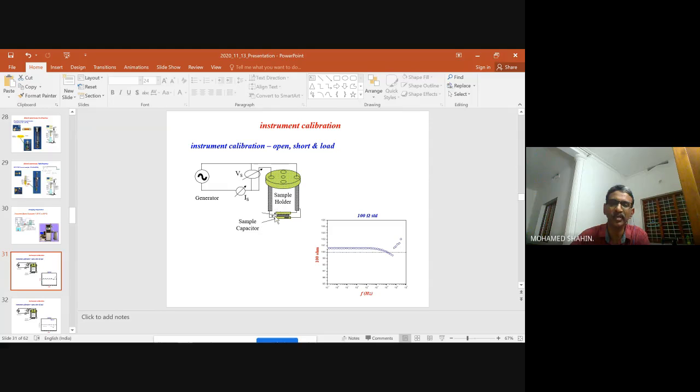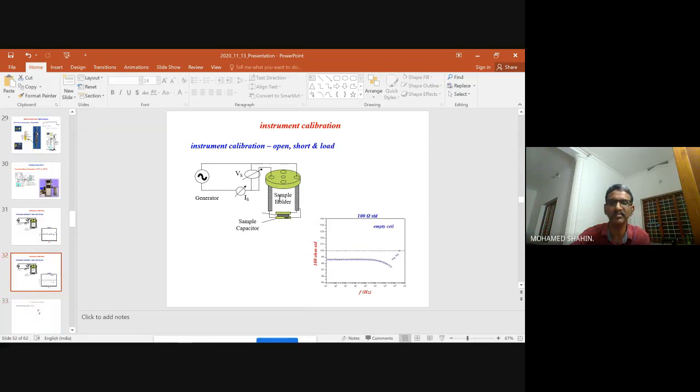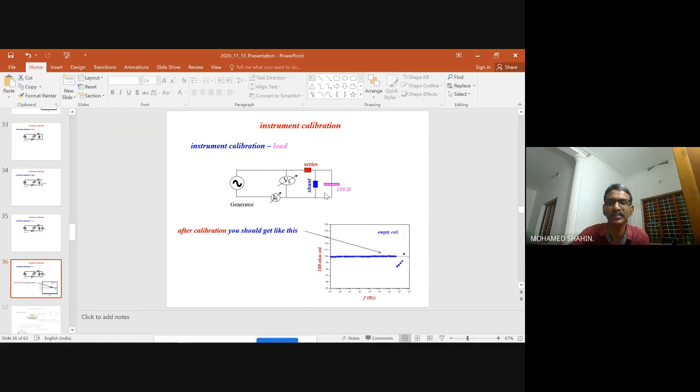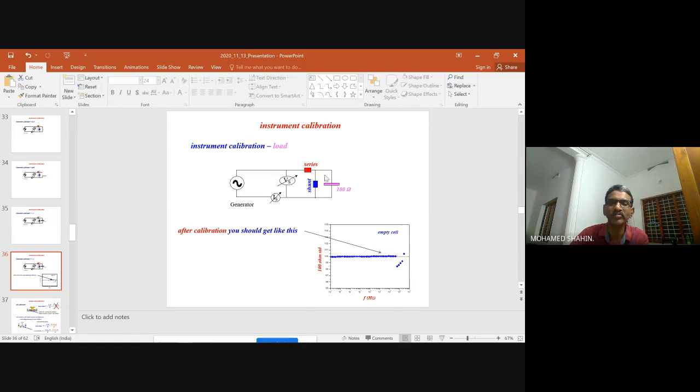Then after that, where you are measuring, you naturally would be having the series impedance and parallel impedance. So you have to take into account all these series and shunt impedances, so that they are accounted and deducted.